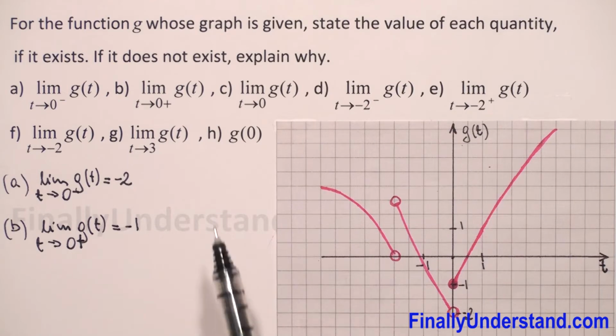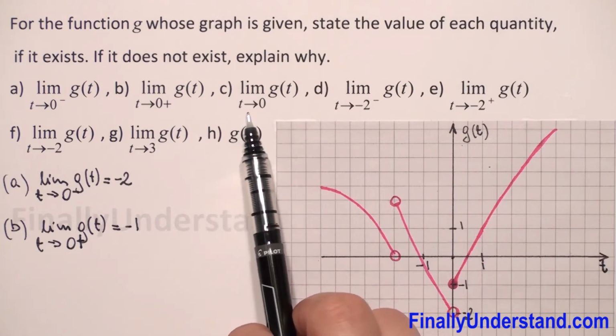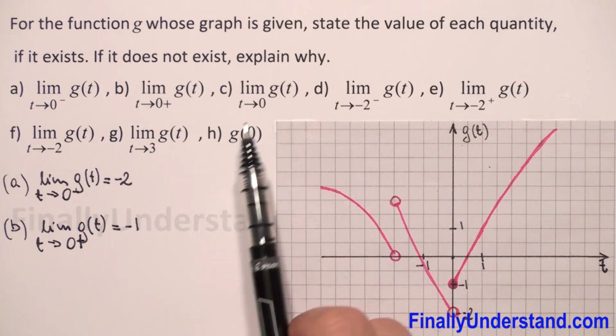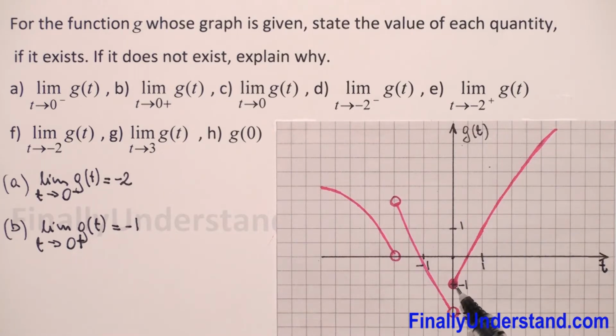Now we have to find the limit of g of t as t approaches 0. We find that when we approach 0 from the left side, the limit is -2. When we approach 0 from the right, the limit is -1.